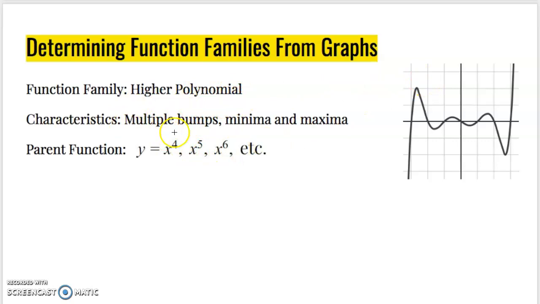Some of the characteristics of those are that they would have multiple bumps, and then they have minima, which is just the plural for minimum, so there's more than one minimum point, and maxima as well. And then a parent function for this, you guys could write down y equals, and then just write a couple of these, and I'll know what you're talking about. You're just identifying that these are the most basic forms of each of the higher polynomial functions.